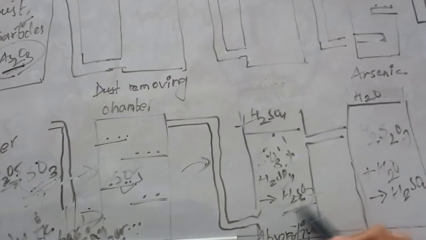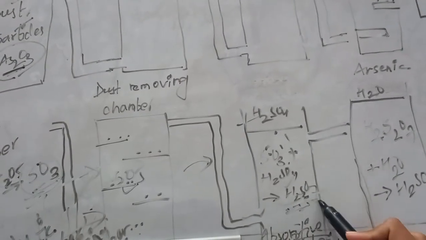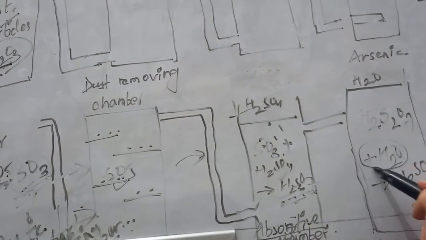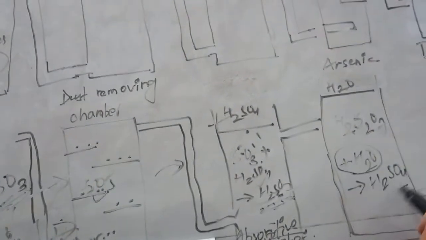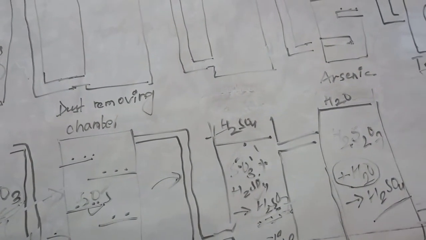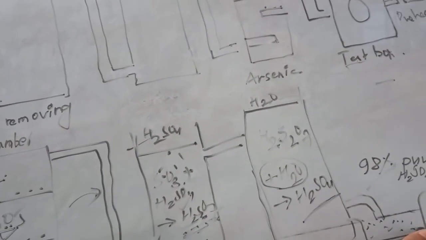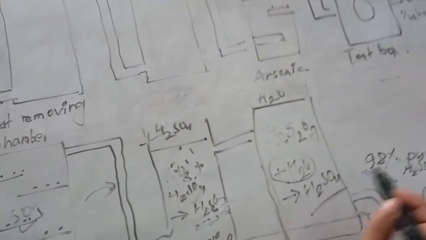Now in the absorptive chamber we passed H2S2O7 into H2O and it is converted to H2SO4, which produces 98% pure H2SO4.